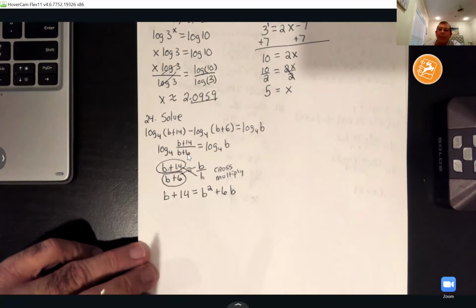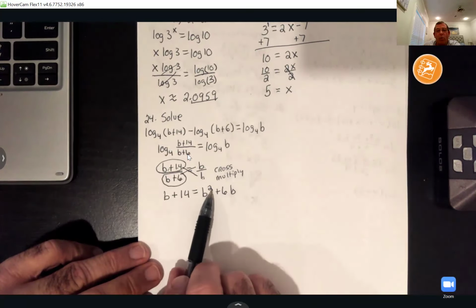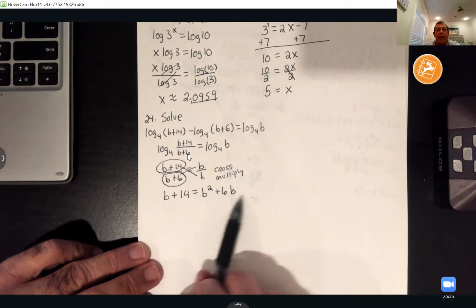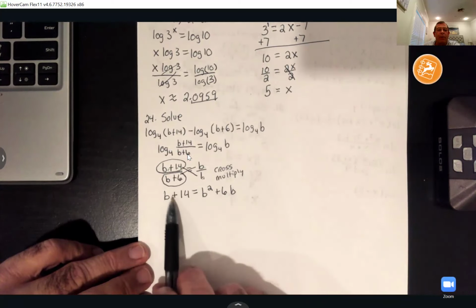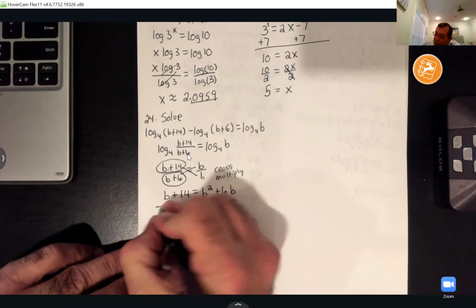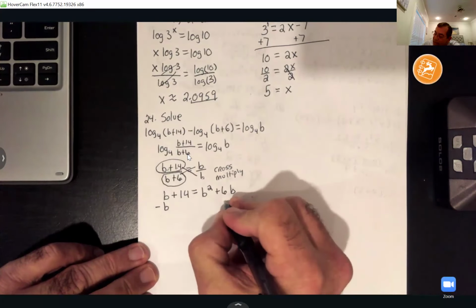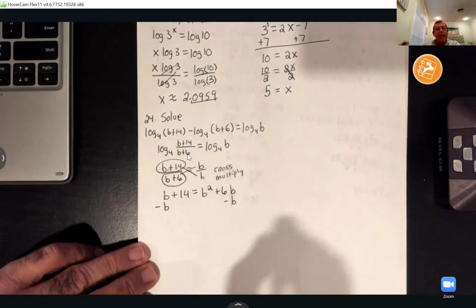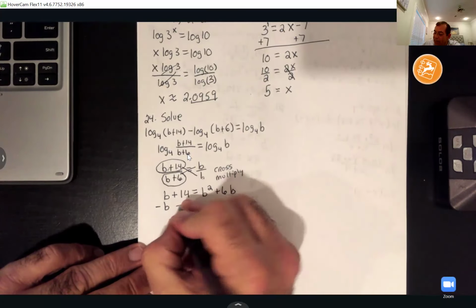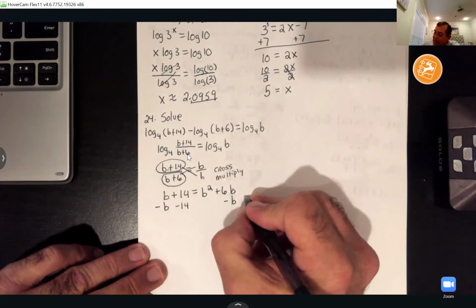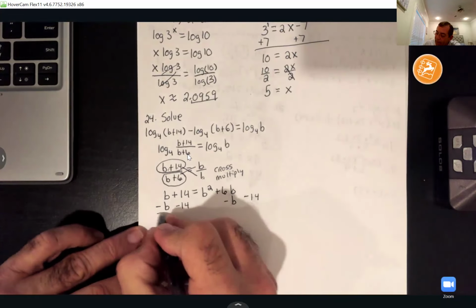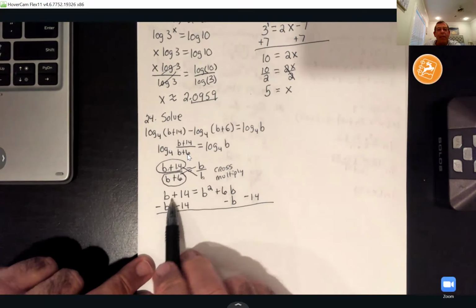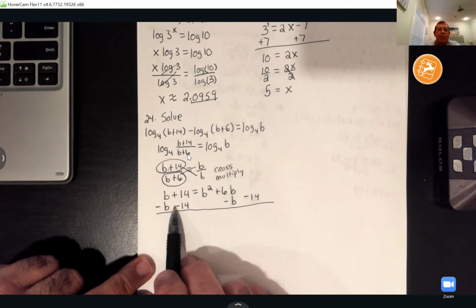All righty, so a little different here. I got a b squared in here. That means we need everything over here equal to a 0. So we're going to subtract b from both sides. And we're going to subtract this 14 from both sides. So both of these got to move over by being subtracted.